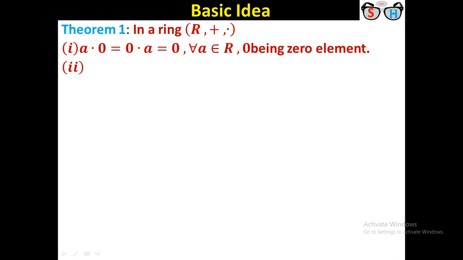And number 2 is A dot minus B equal to minus A dot B. Now there is a single word. You see that in a 0 ring, A dot 0 was 0 because A dot 0 equal to 0 in a 0 ring. This 0 occurs due to the definition of multiplication. A dot 0 equal to 0 holds in a ring, but before proving the 0 ring, we use A dot 0 equal to 0 because the right hand side equals 0.